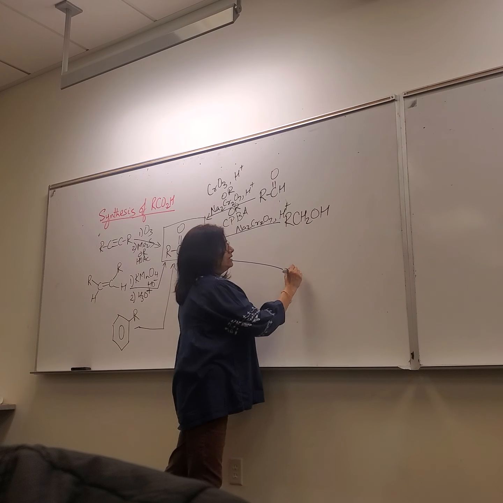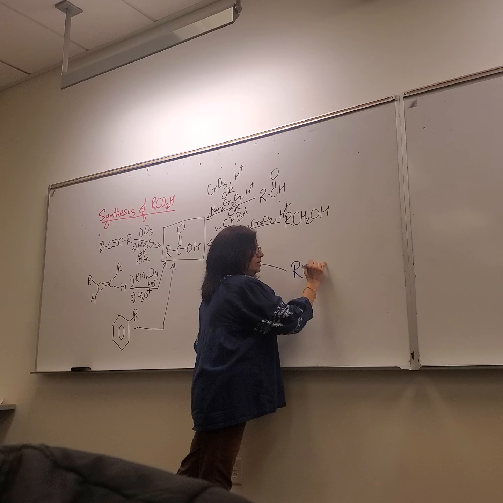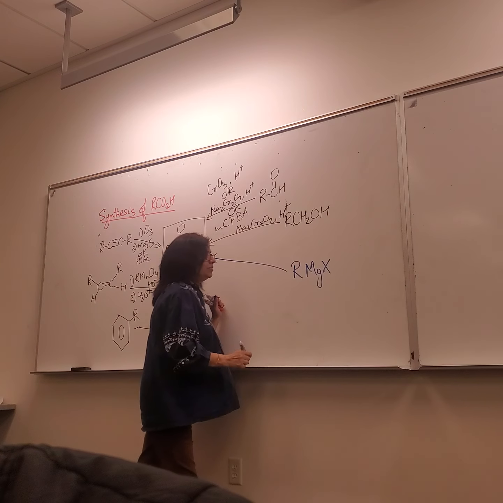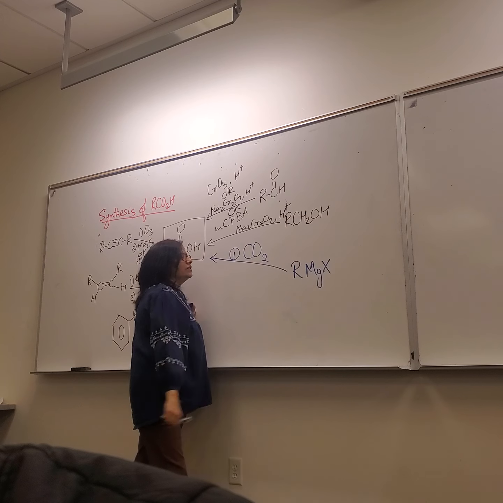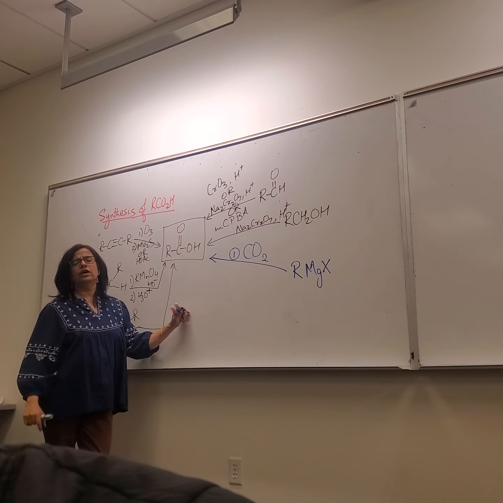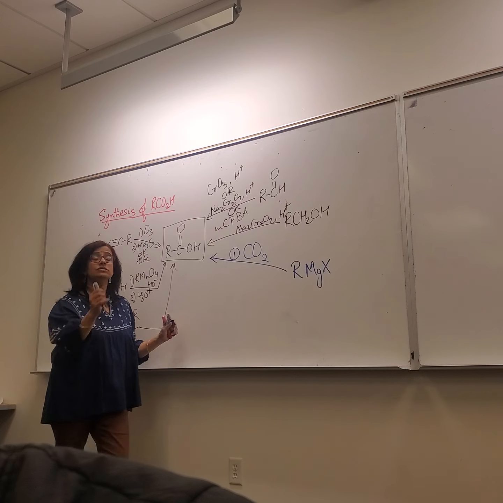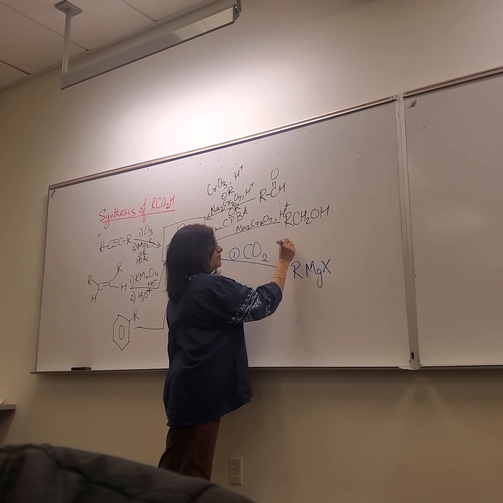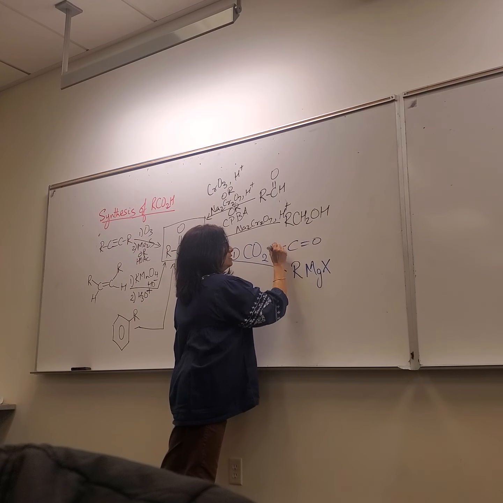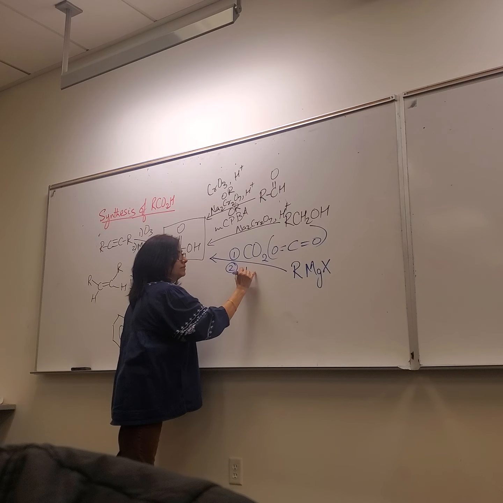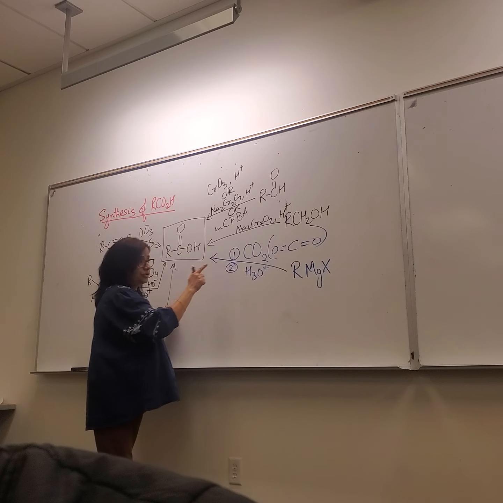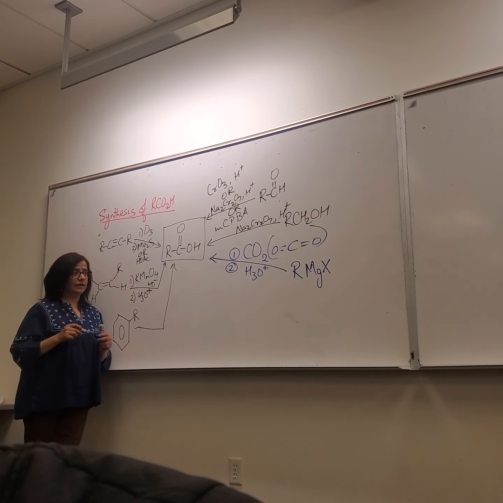A Grignard can be reacted with carbon dioxide. Can someone quickly tell me the structure of carbon dioxide? A carbon double bonded to two oxygens. Exactly. And that's what we'll be doing in lab next week.